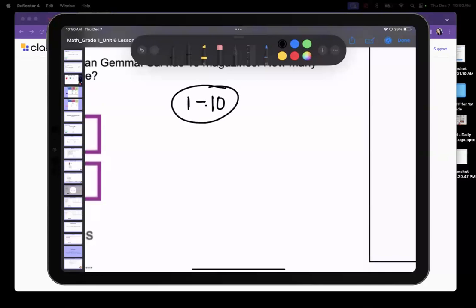Okay, so it shouldn't be a number over 10. Correct.